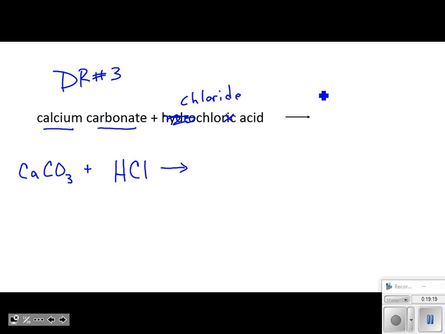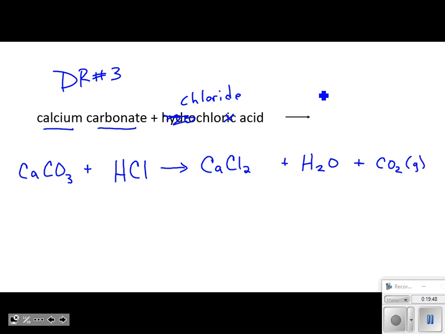So what is my salt going to be? Well, I'm just going to once again flip the cations. So my salt is going to be calcium chloride. And then it tells me that I have water and I have carbon dioxide gas.